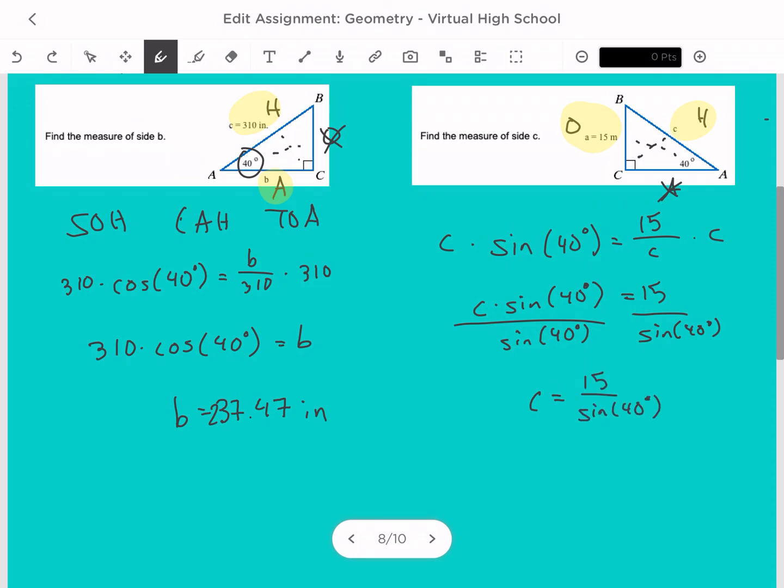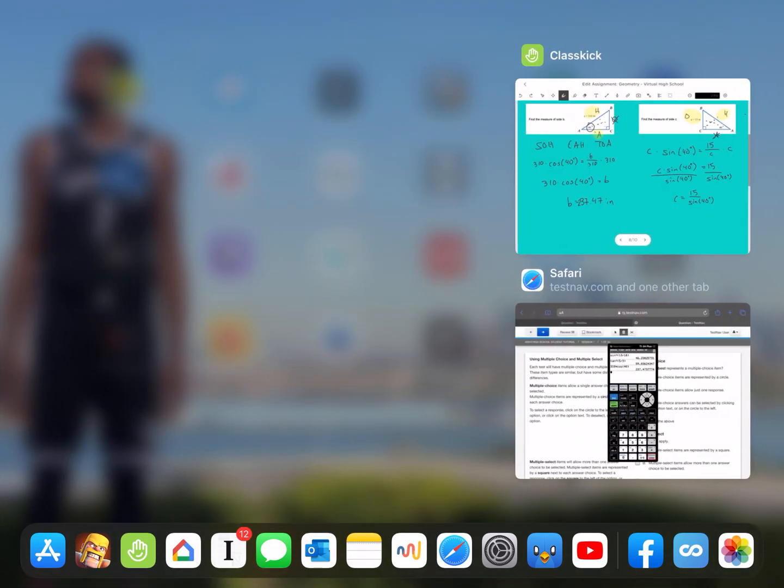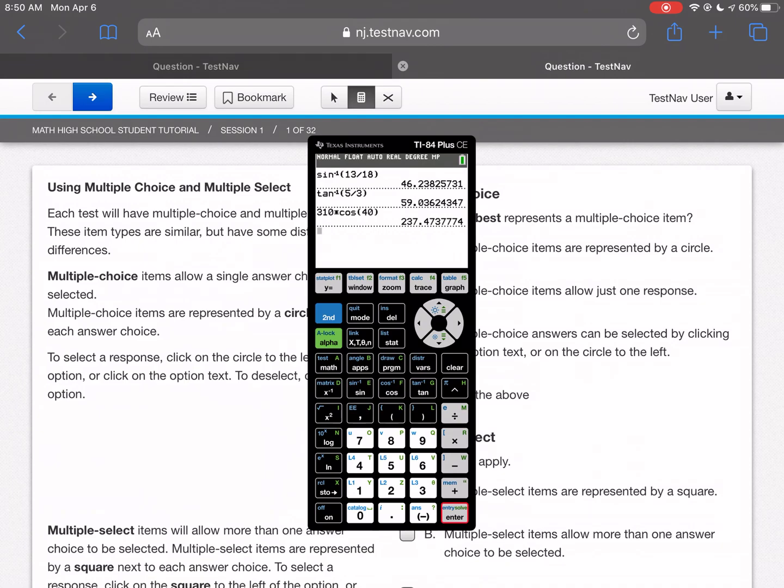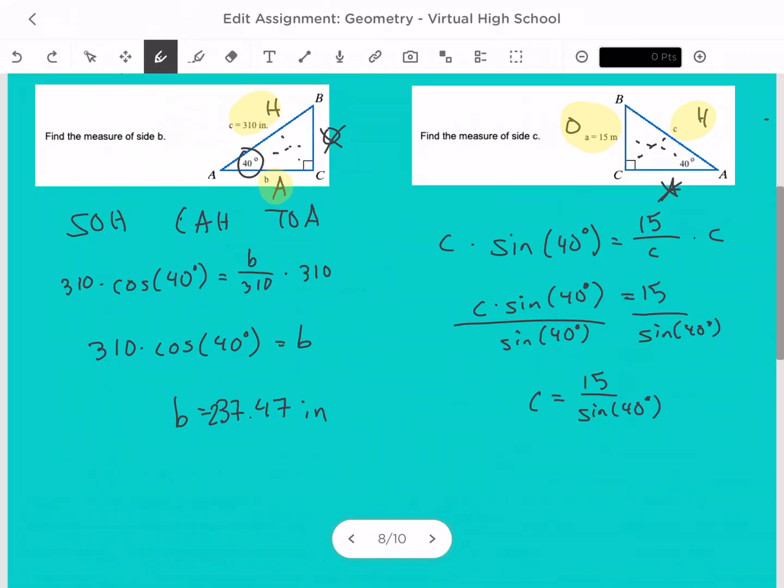So let's go and check what that is. 15 divided by sine of 40, 23.34. Okay, so c is equal to 23.34.